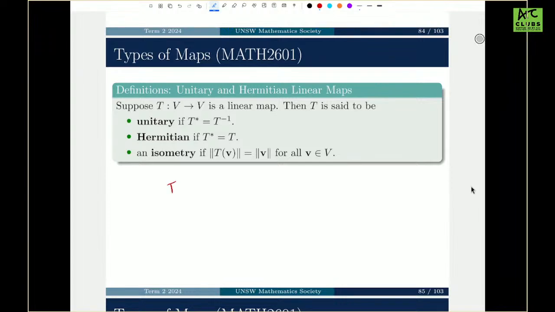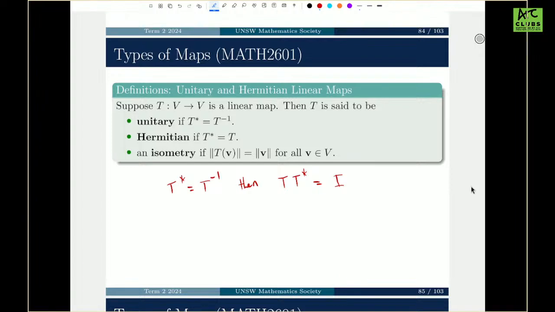If T star equals T inverse, then T times T star equals T times T inverse, which is just the identity. So we can show that if T is unitary, then T times its conjugate transpose, or its adjoint map, is just the identity. That's a special type of map.